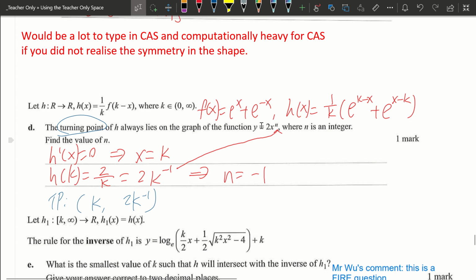There's no k, just because we're talking about a graph of a function, so we need to change the variables to fit the x and y axes. But if you look at the coordinates, it's k and 2k to the power negative 1, and k is x. Then you just compare the power, negative 1 and n, so n is negative 1.